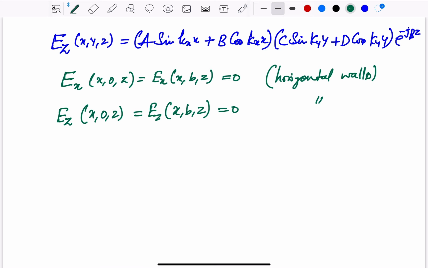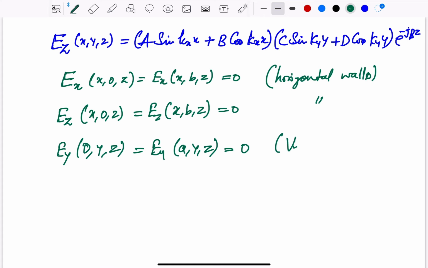Fine. Now, recalling the Ey component on the vertical walls, like Ey(0,y,z) and Ey(a,y,z), meaning at the right hand side vertical wall. Fine.